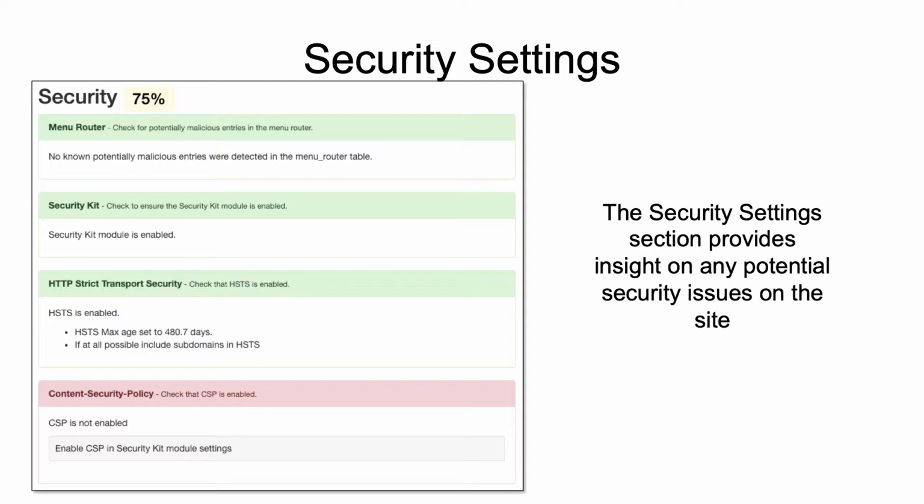The security section gives us insight into any potential security issues. So right here we can check for potentially malicious entries in the menu router, and check some Security Kit settings to make sure the module is enabled, and that we have Strict Transport Security enabled and the Content Security Policy enabled.